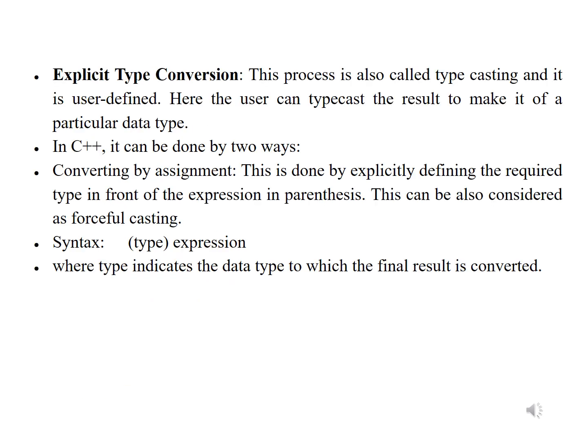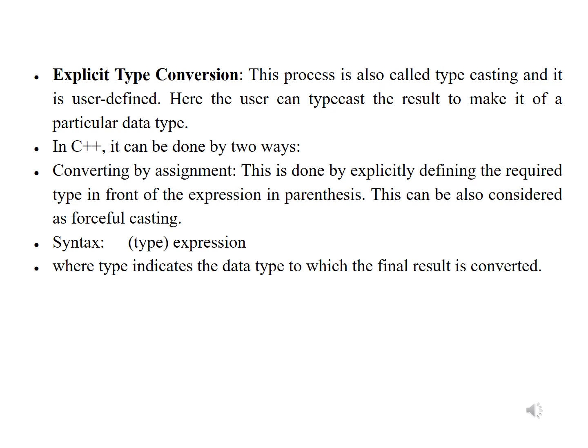Explicit type conversion. This process is also called typecasting and it is user defined. Here the user can typecast the result to make it of a particular data type. In C++, it can be done in two ways. One is converting by assignment, which is done by explicitly defining the required type in front of the expression in parentheses.